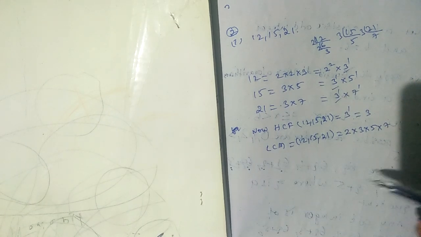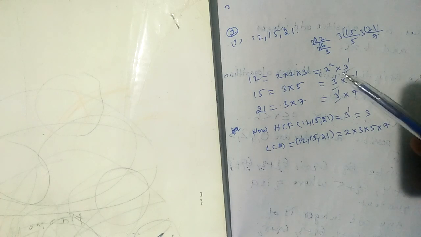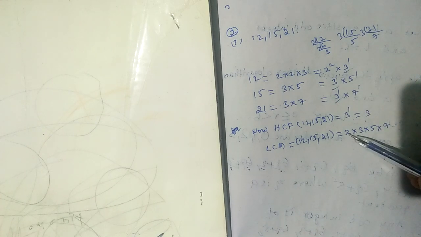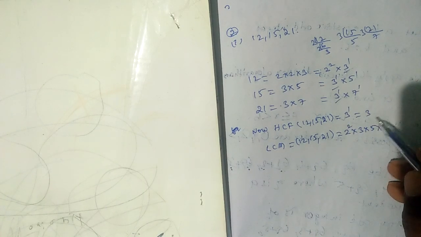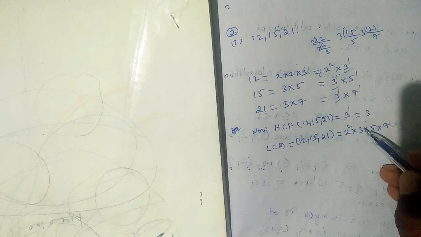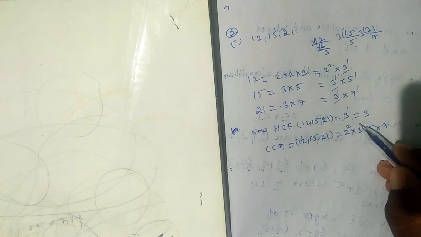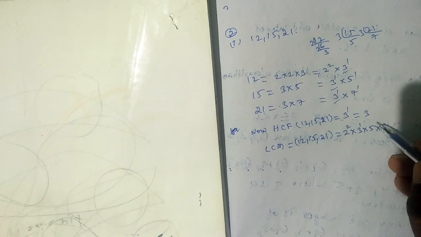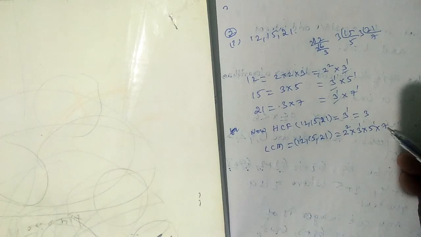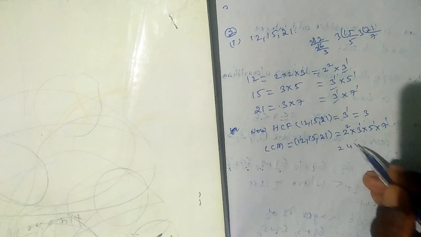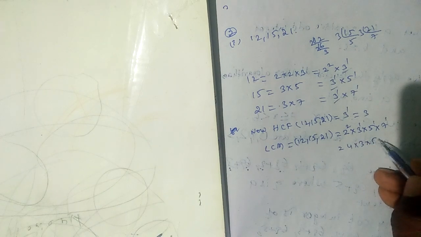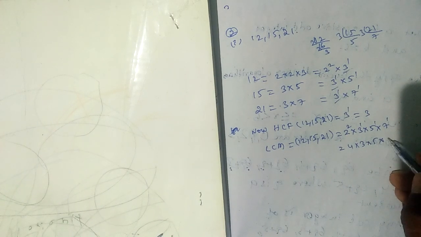So now we are going to write the highest power of these numbers. What is the highest power of 2? Yes, 2. What is the highest power of 3? 1. What is the highest power of 5? 1. What is the highest power of 7? 1. 4 into 3 into 5 into 7.